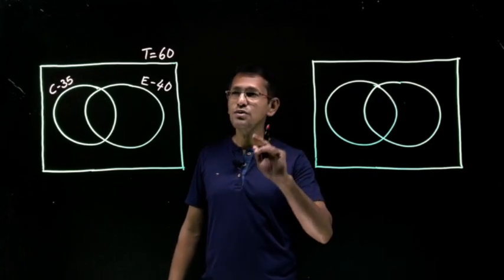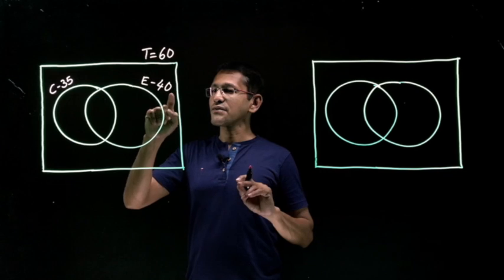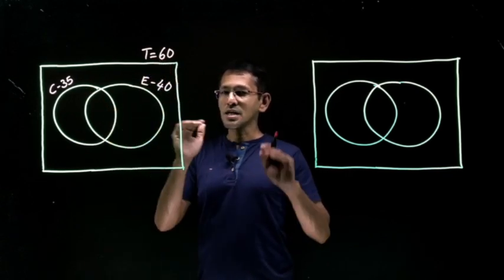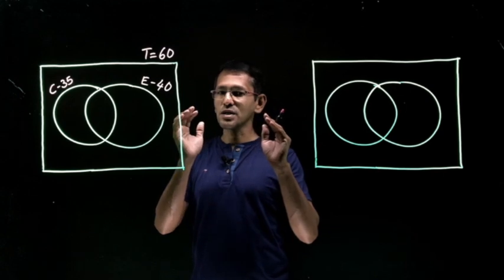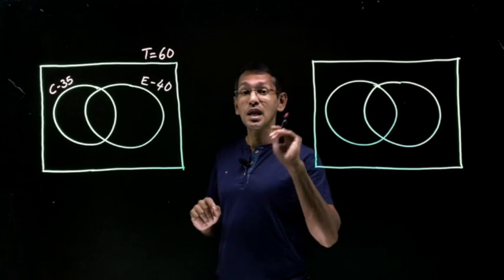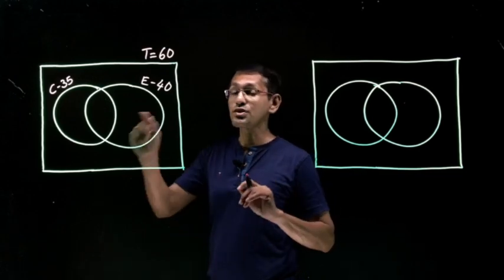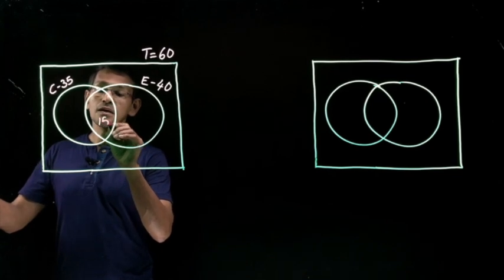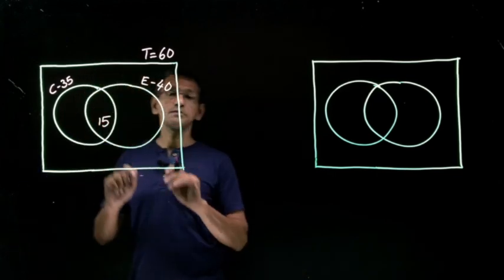So 75 and 60, the difference is 15. That 15 would be the number of students who passed in both subjects. So we'll write 15 here, the students who passed in both subjects.